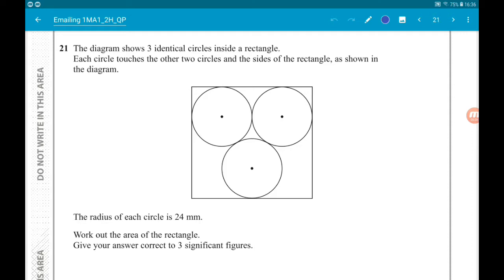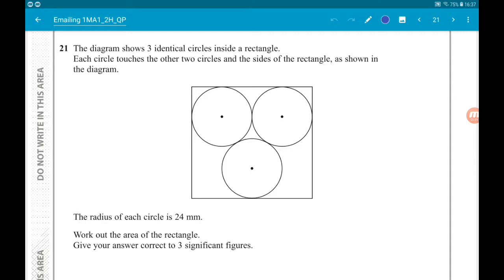The centre of the middle circle is halfway along the length of the rectangle. We're told the radius of each circle is 24 millimeters, and we want to work out the area of the rectangle, giving our answer correct to 3 significant figures.